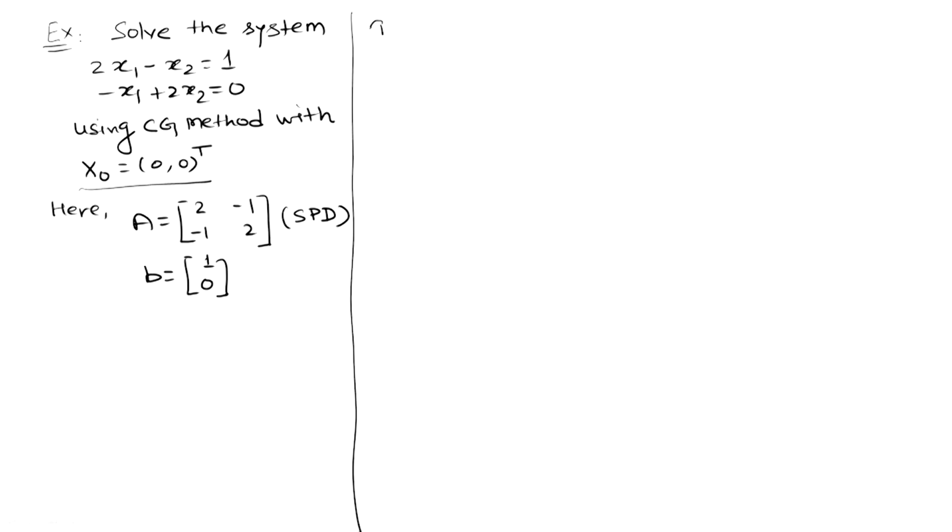If you remember, the first step of the algorithm is to calculate the initial residual r0, which is b minus A x0. Since x0 is a zero vector, the second term will be 0 and it equals b, which is given as (1, 0).